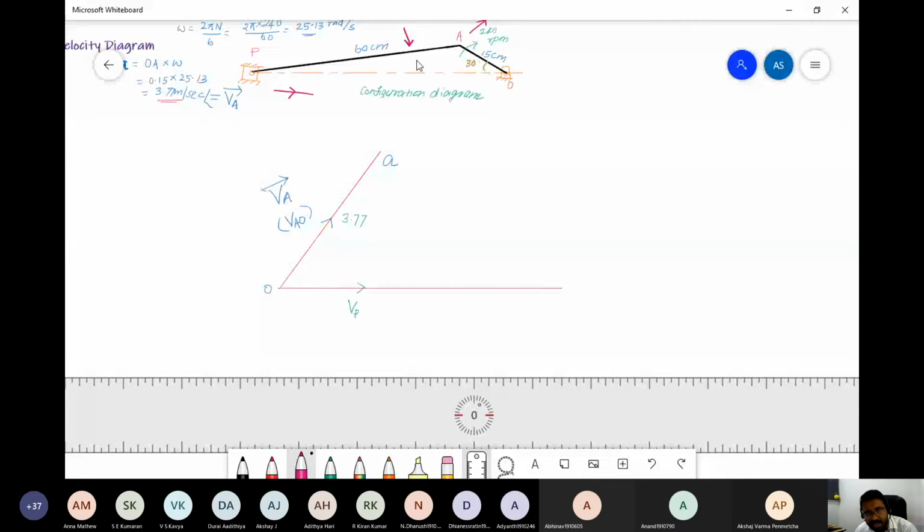It makes direction both up and down, but in this case we close the vector by moving downward.